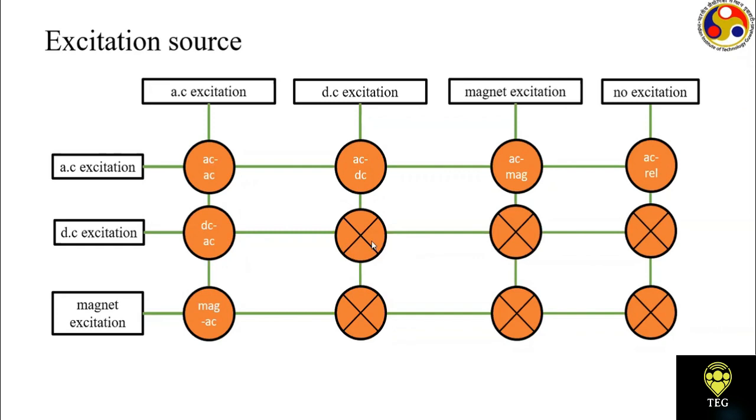No such machine is feasible. Secondly, there cannot be any machine where to the stator I give DC excitation and for the rotor I use magnets. Similarly, there is no motor feasible where to the stator I give a DC excitation and in the rotor I use no excitation. So if to the stator I give DC excitation, then there is only one configuration feasible where I give an AC to the rotor.